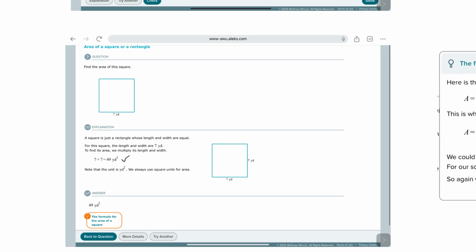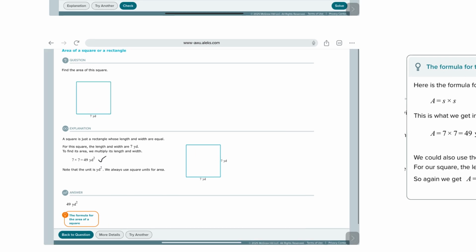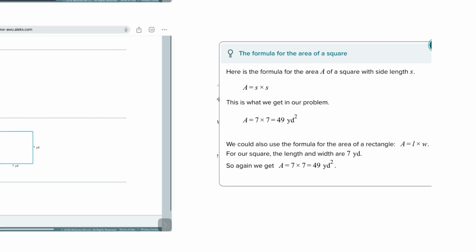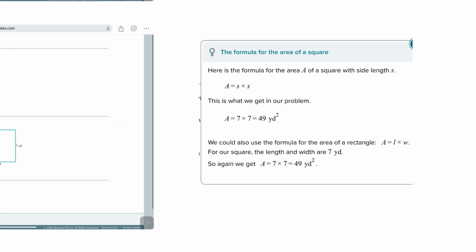And then I recommend that you always click more details or the formula. And so the formula for an area of a square or rectangle. They're kind of interchangeable, but for a square, your area is going to be side times side.